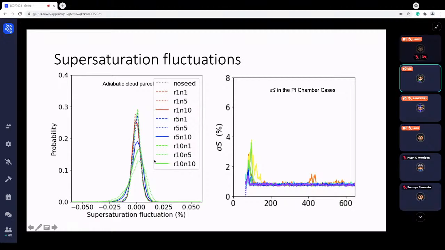This is not like the pi chamber case, as we showed on the right. The fluctuations can go up to several percent due to the strong mixing between the warm bottom and the cool top. Therefore, in the adiabatic cloud case, if we look at the small-scale impact of fluctuations, the mean supersaturation plays a more dominant role than the fluctuation in droplet condensation and aerosol activation.